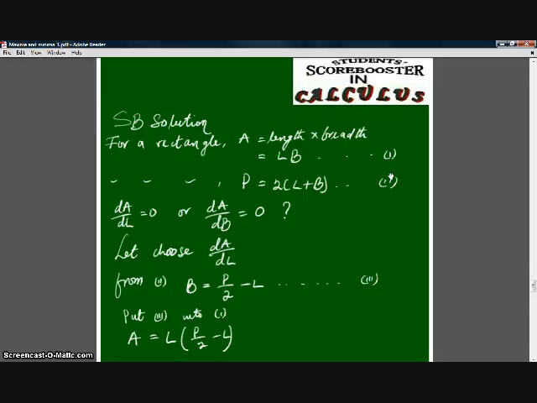Now for this rectangle to have the greatest area, we're going to look for the point where the derivative of A with respect to L is equal to 0, or the derivative of A with respect to B is equal to 0. If I take the derivative with respect to L, from equation 2, I'm going to have B equal to P over 2 minus L. Let that be equation 3.